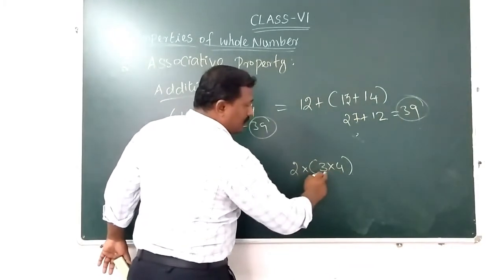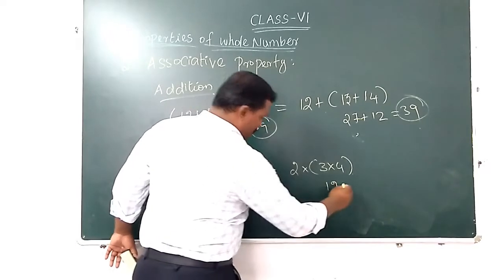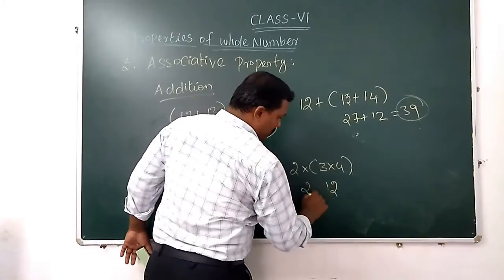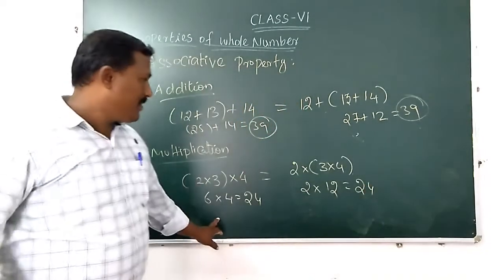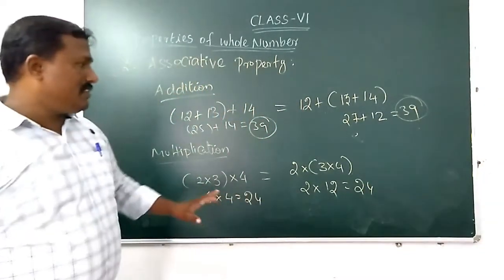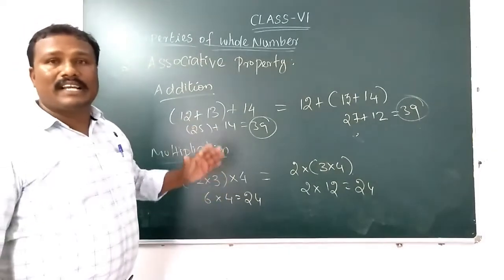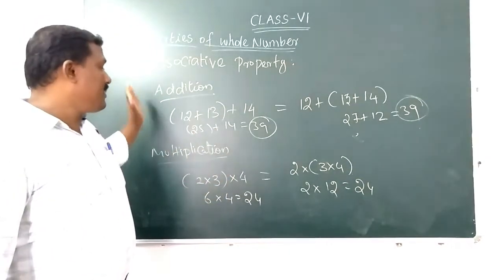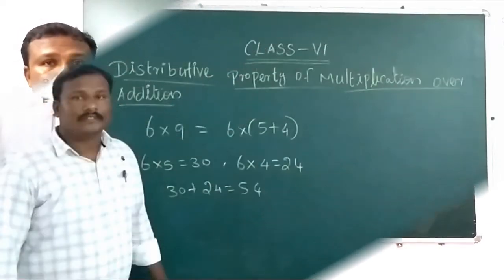So here 3 4s are 12, 2 12s are 24. So the answer is the same. So when we change the associative and different number, the answer remains. So for addition and multiplication, the associative property is true.